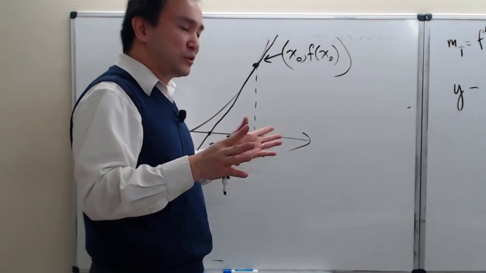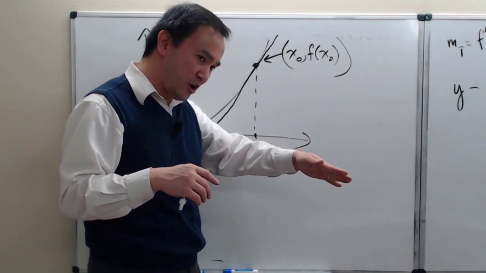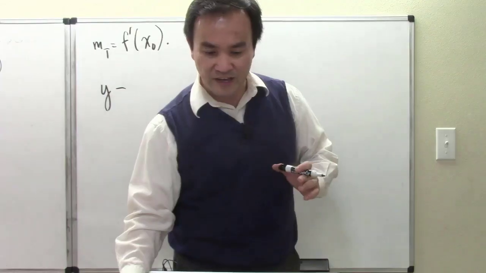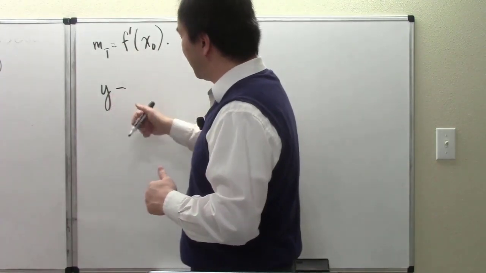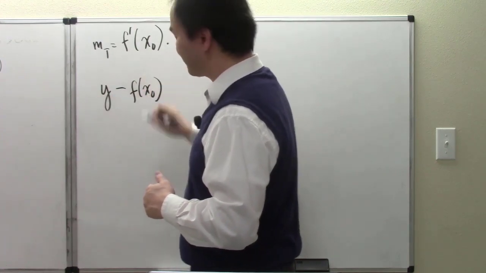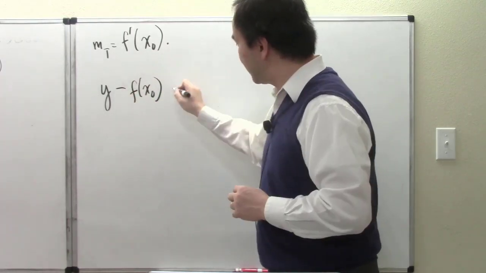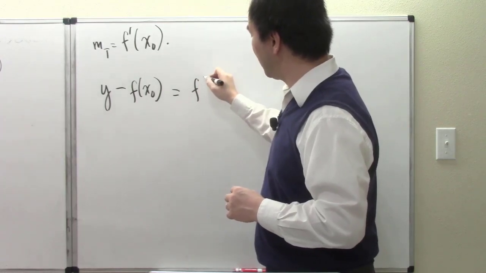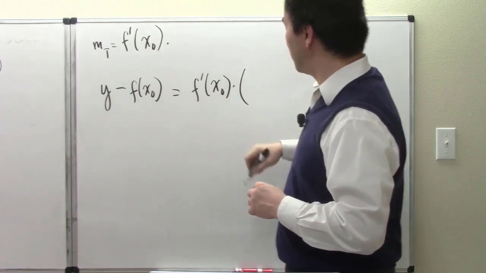I mean, throughout other video lessons, I'm not using too much of the point-slope form, but the point-slope equation can also be convenient a lot of times. And in this particular case, it's easy to help me. So the point-slope equation of our tangent line there is y minus f(x₀), because this is the y value for our tangent point at x₀, and that equals the slope, f′(x₀), multiplied by x minus x₀.